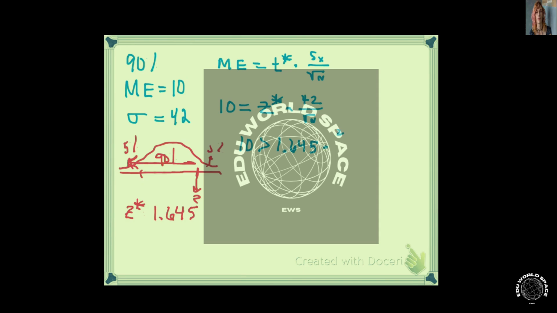We're going to multiply that by 42 divided by square root of n. Figuring this out, I always have my kids get that fraction by itself, so we're going to divide everything by 1.645. If I divide everything by 1.645, on this left side I get a 6.08. Has to be bigger than 42 divided by square root of n.